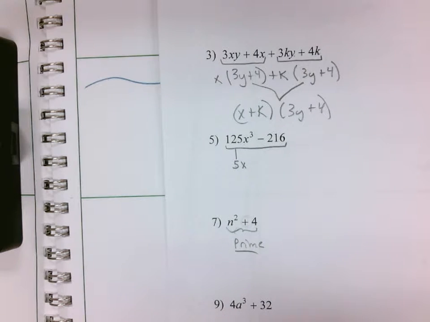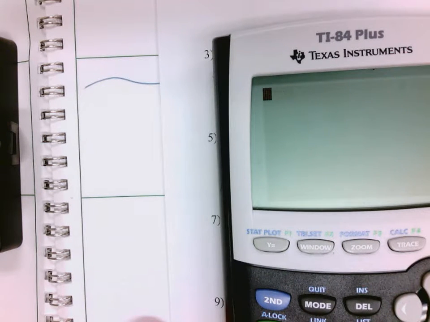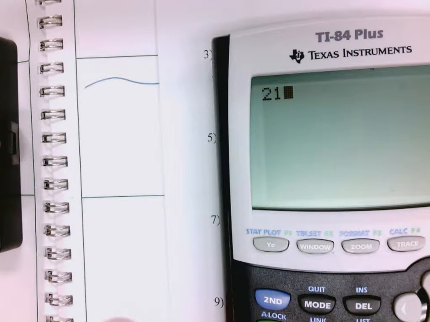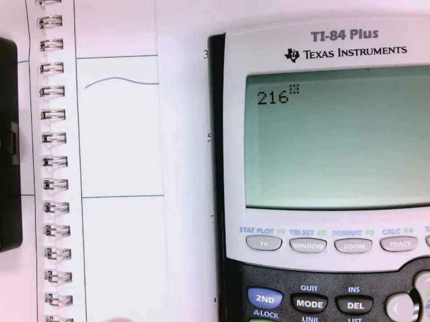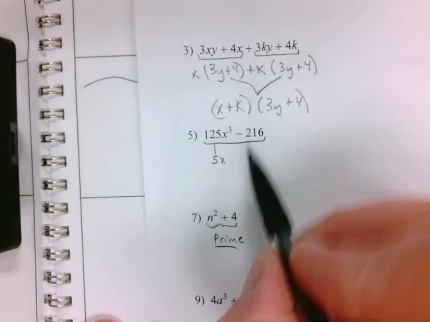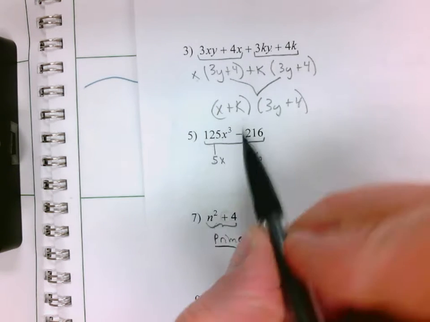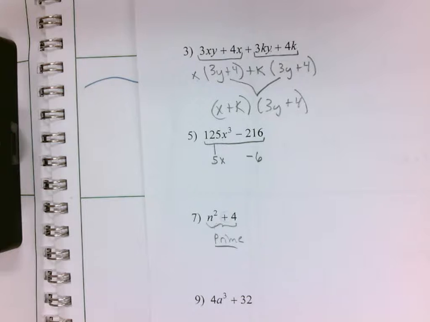If you want to know if 216 is a perfect cube, you go 216 and you raise it to the 1/3 power, which we learned is the cube root. Sure enough, that's 6. So I have 5x and negative 6. And so then I refer to my rules for cubes.